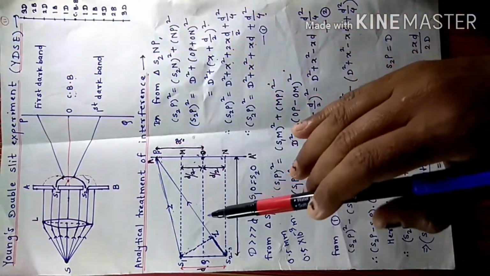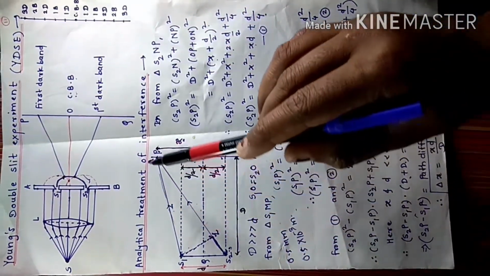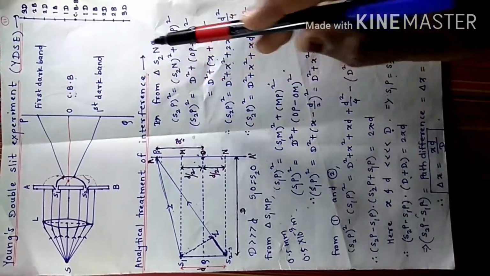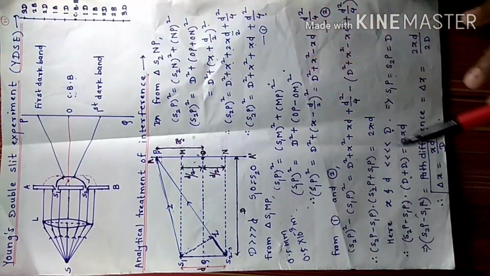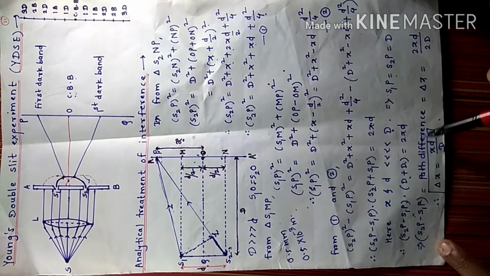Then we have seen the analytical treatment of the interference pattern, in which we found an expression for path difference.